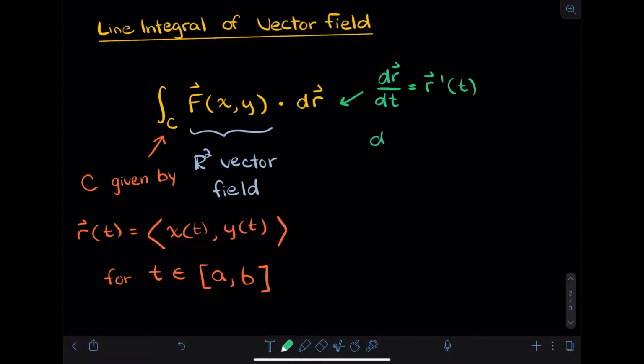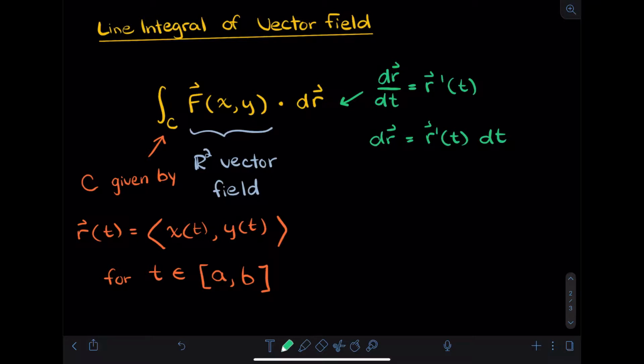Now we'll just do simple rearrangement, and we'll find that dr should equal r prime of t dt. And this is actually very similar to what we were looking at with scalar fields when we were looking at dx and dy. And it's the same idea that we're doing here.